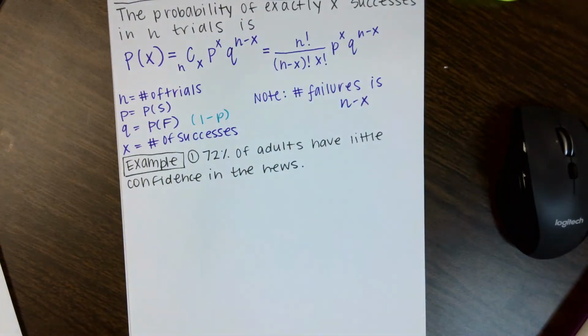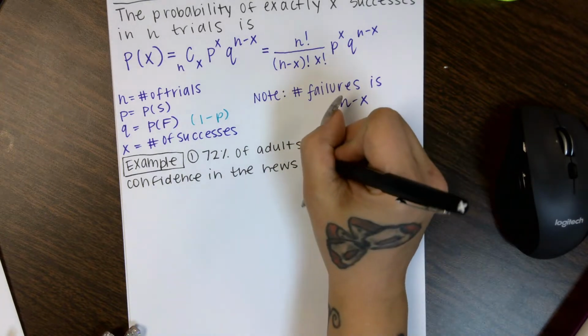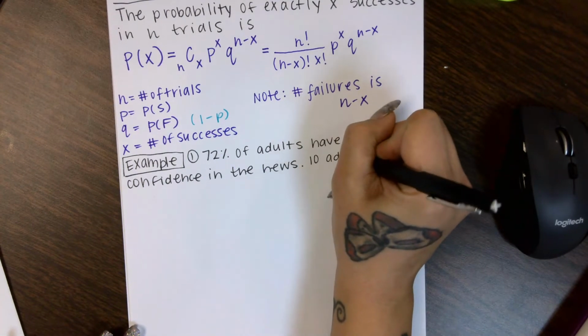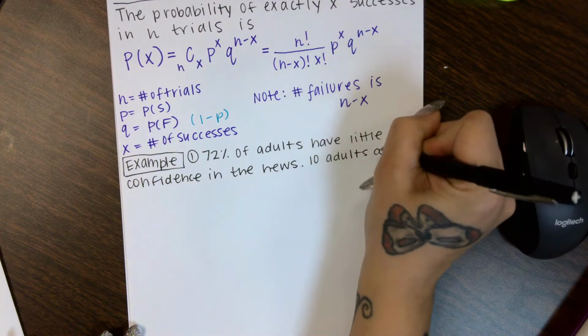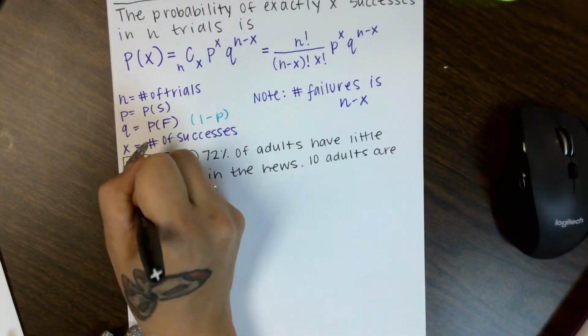Y'all, the example on the homework I think says in the newspaper. So I pretty much did it almost verbatim, following the 4.2 homework, okay? 72% of adults have little confidence in the news. 10 adults are randomly selected.